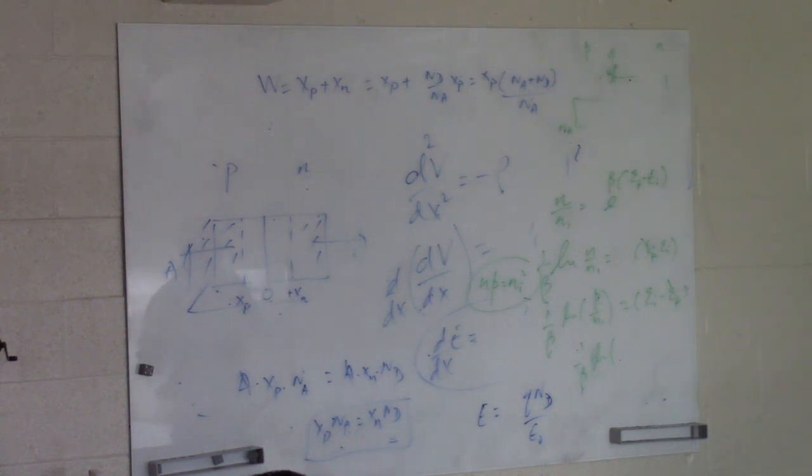Then you get these two terms, Na times Nd divided by Ni squared. That's the relationship.